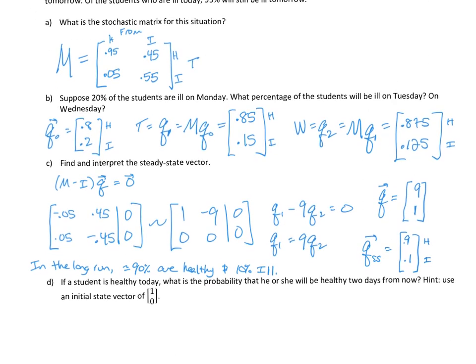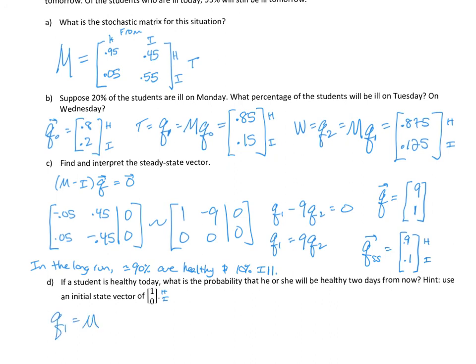Okay, if a student is healthy today, what is the probability that he or she will be healthy 2 days from now? So if you're healthy today, that means your personal state vector is 1, 0, right? You are healthy, not ill. So for healthy, ill, for a given person, it's 1, 0. So I just need to do my stochastic matrix for tomorrow. So Q1, that's tomorrow.